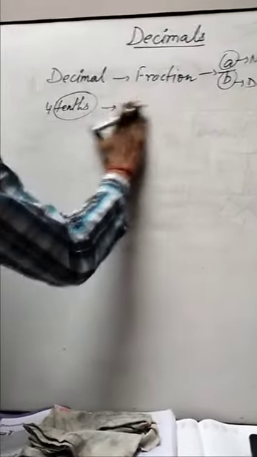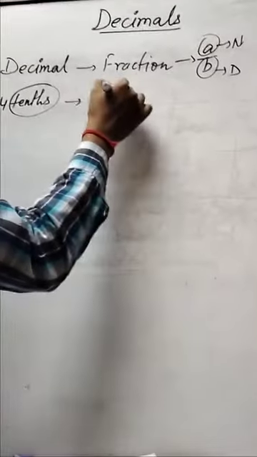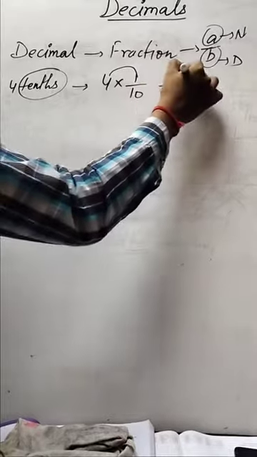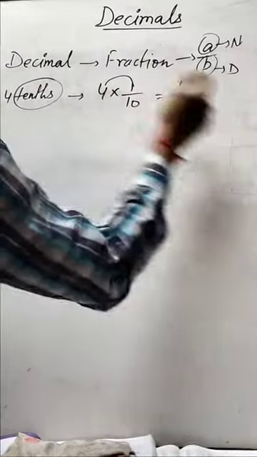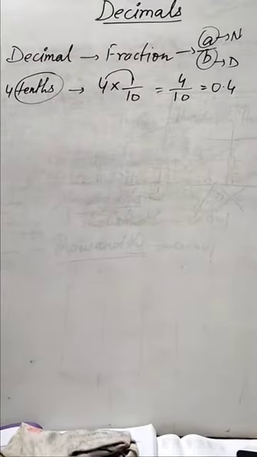Otherwise you can understand like this also, 4 into 1 upon 10, 4 into 1, then 4 upon 10. So directly you can write in this way, and now you need to convert this number into a decimal number form, so you can write 0.4.